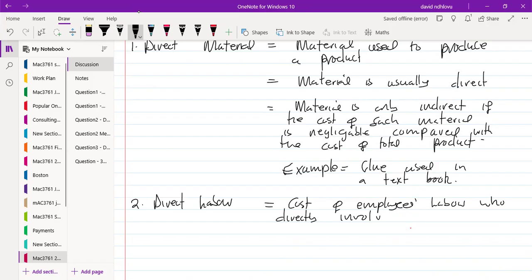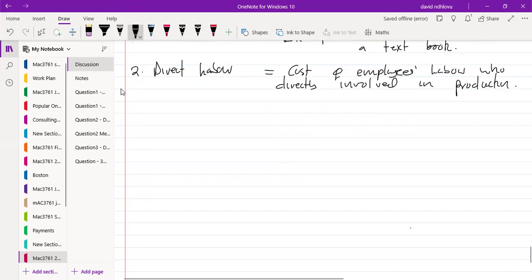Such employees, for example, if I'm running a furniture shop, would be the ones that do the carpentry, the painting, and other things, but they are there in the line of production. So we call them direct labor.